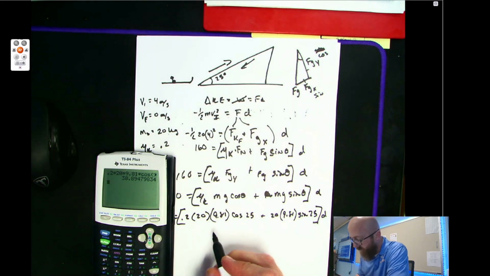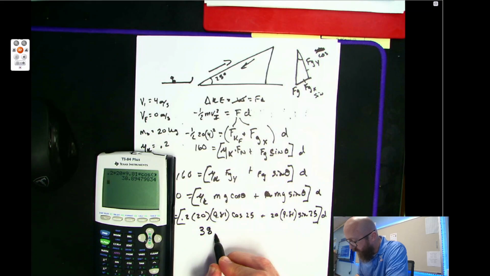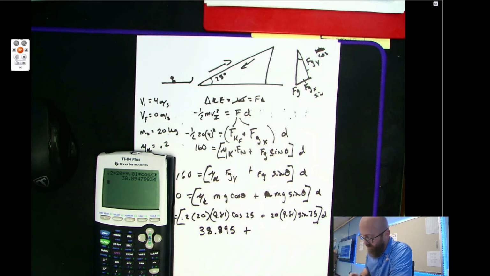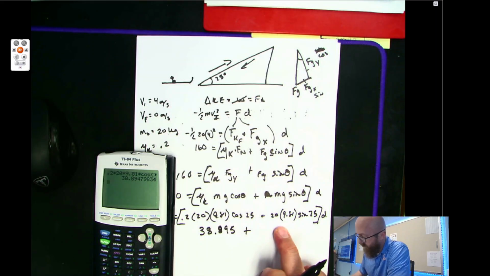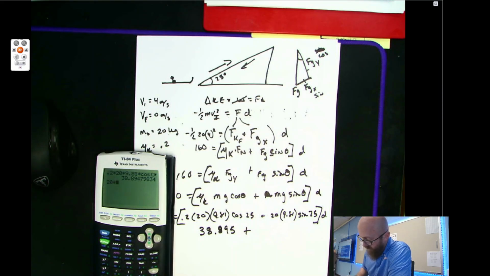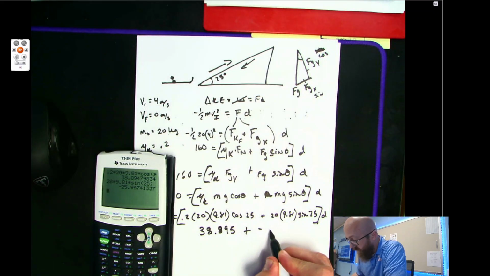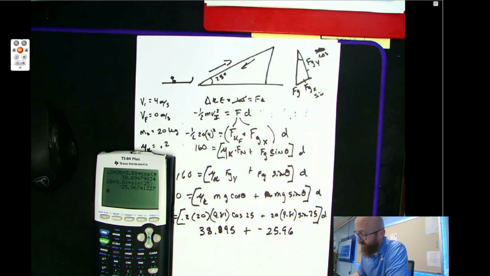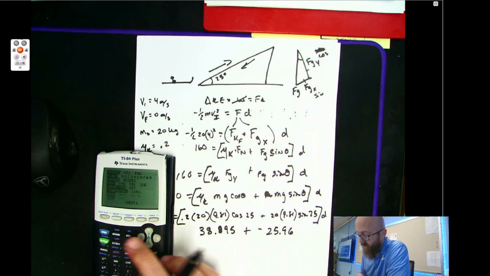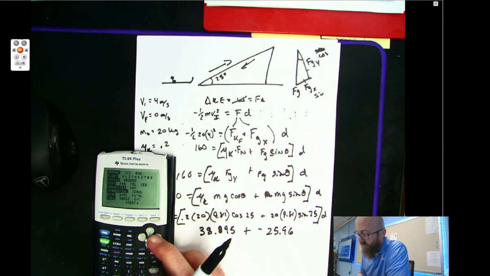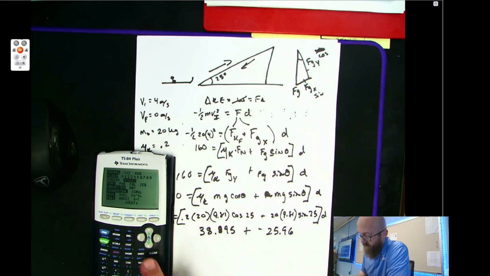Okay? 38.895 plus 20 times 9.81 times the sine of 25 is negative 25.96. That's disturbing. Awesome. Let's do this again.